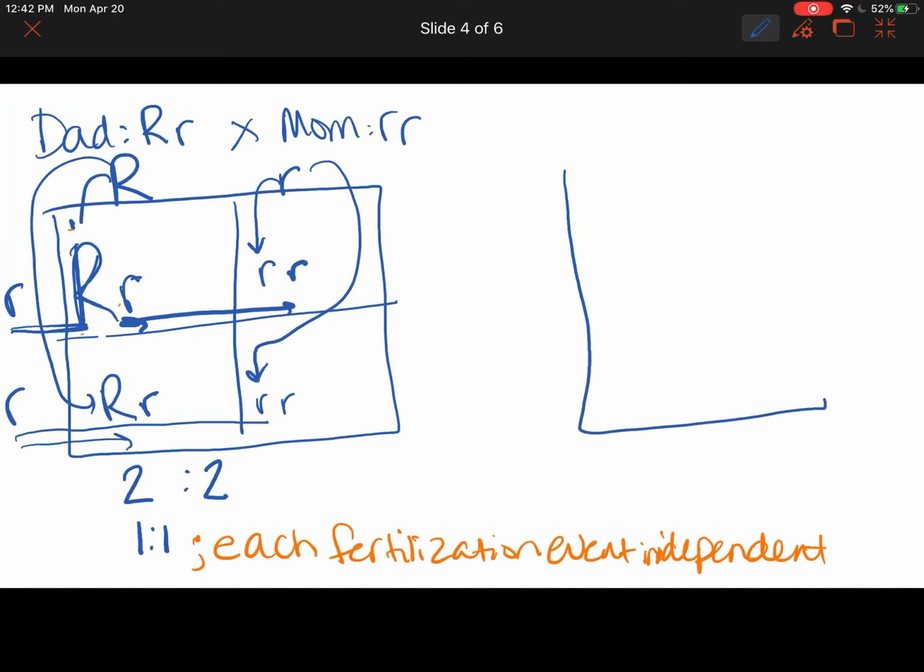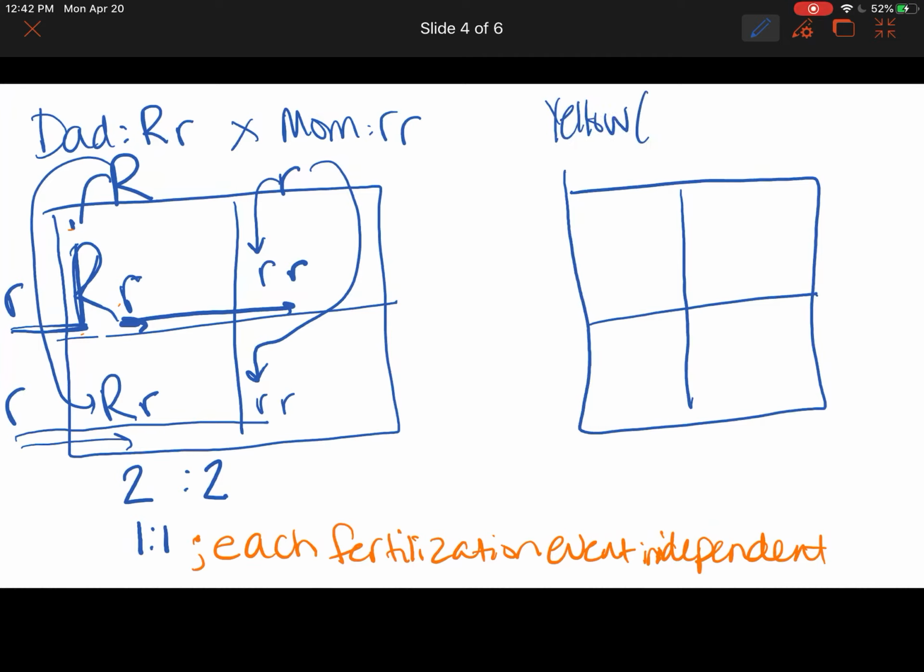let's do another one. For monohybrid crosses, it gets pretty redundant pretty quickly. Let's go back to our peas and let's talk about yellow peas, which were dominant.